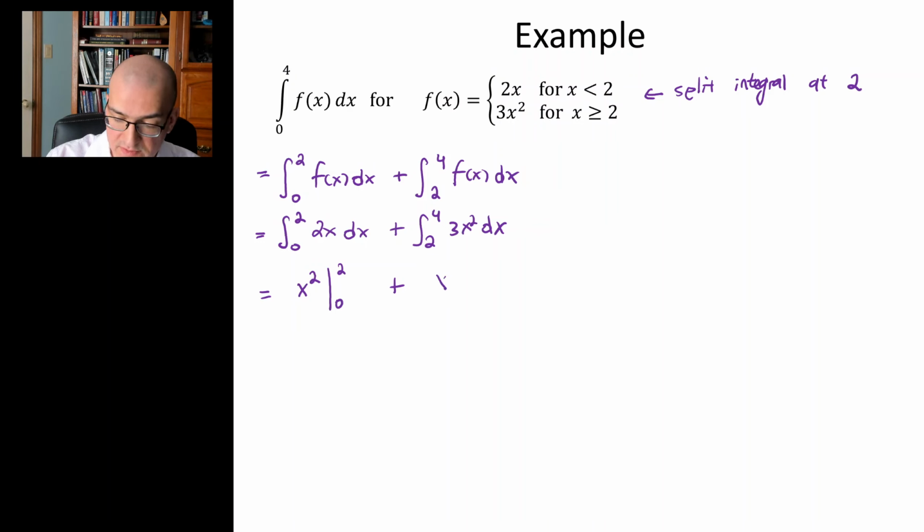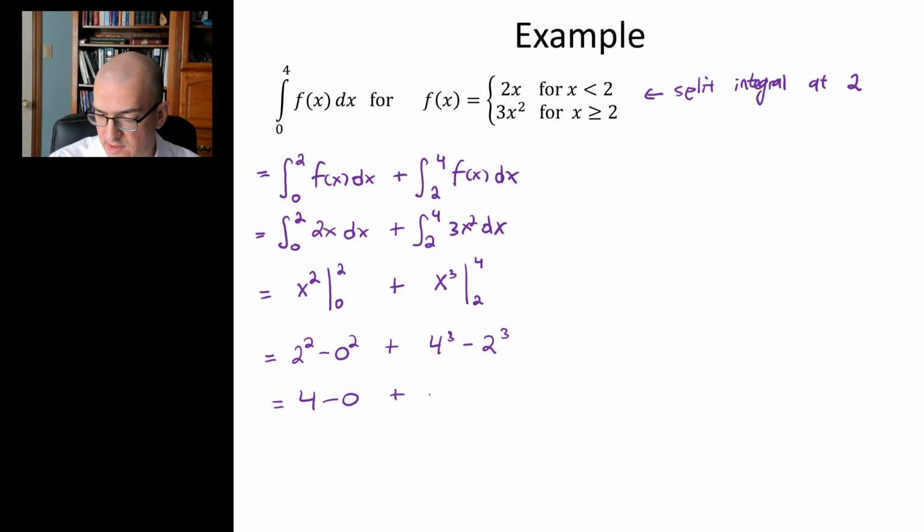We just have x cubed, integrated from 2 to 4, and then we can plug in the bounds. So 2 squared minus 0 squared plus 4 cubed minus 2 cubed. So we get 4 minus 0 plus 64 minus 8, which is 60. That's our answer.